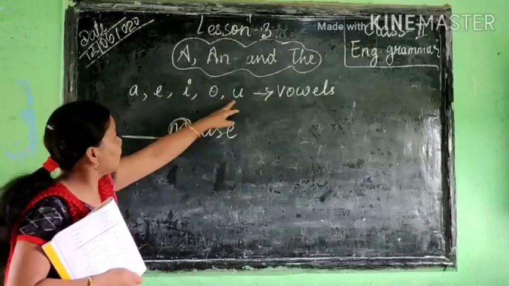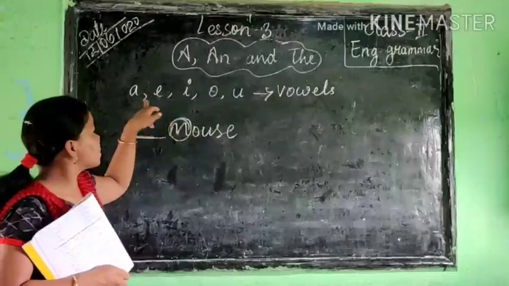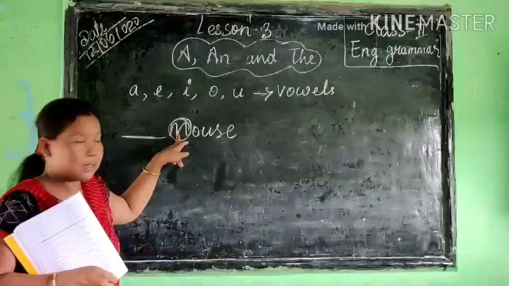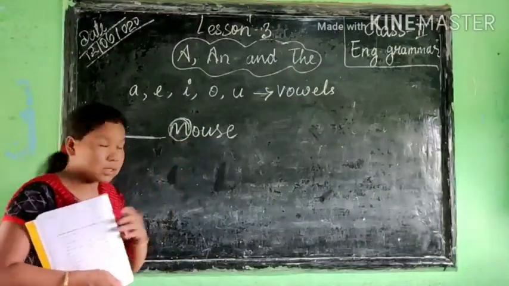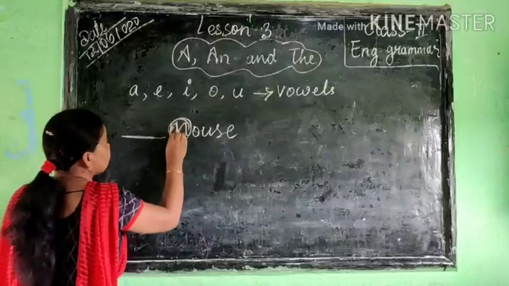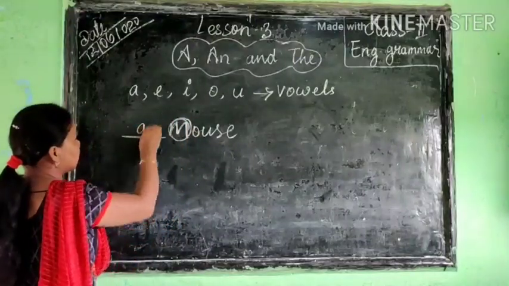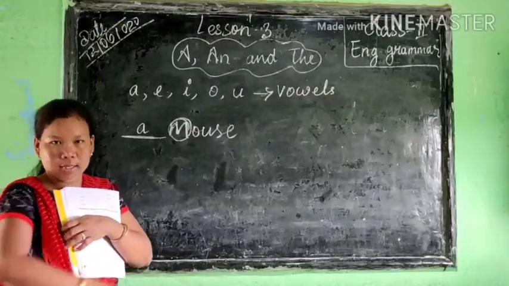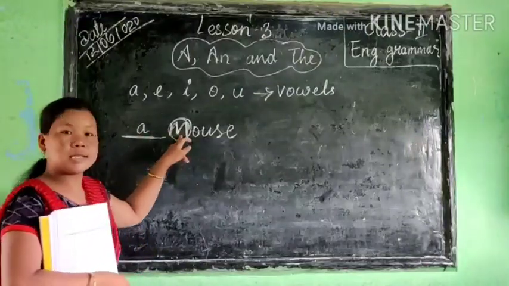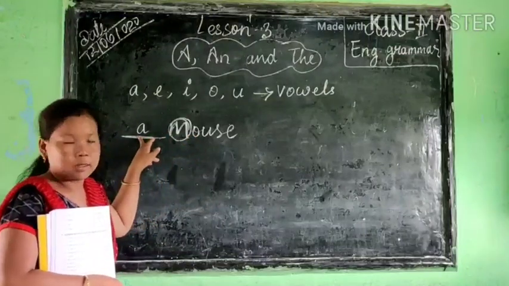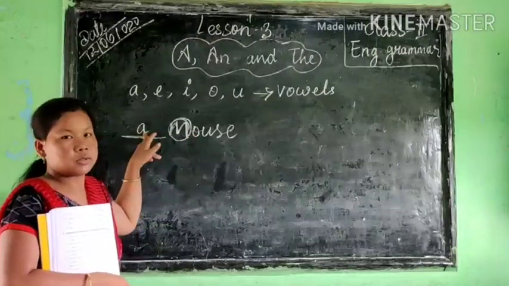M is not there in vowels, so it is a consonant, right? If the first letter is a consonant, ठीक है, then we use here a. Understand? अगर first letter consonant है, तो हम लोग क्या use करते हैं? A. तो उसमें हम लोग को a use करना होता है.